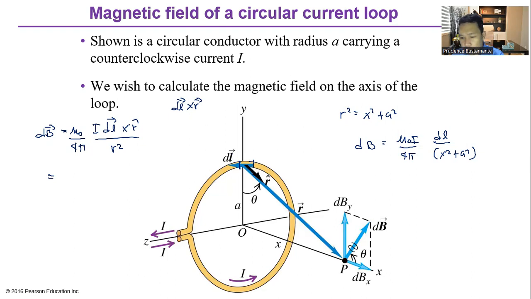From the dB, can we recall what is dB? The definition of dB is equal to mu naught over 4 pi I.